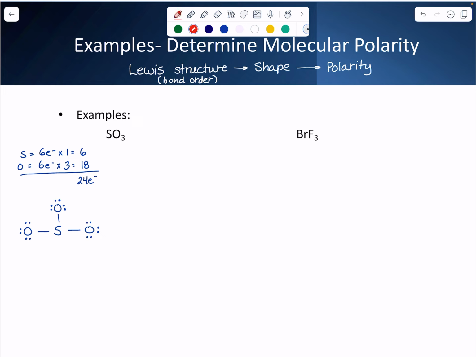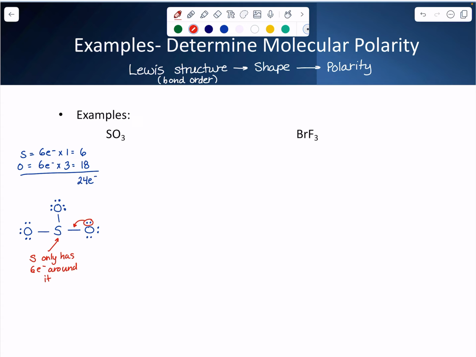But the problem with this is that sulfur only has 6 electrons around it. So this is one of those cases where we need to take one of our lone pairs and use it to make a double bond.